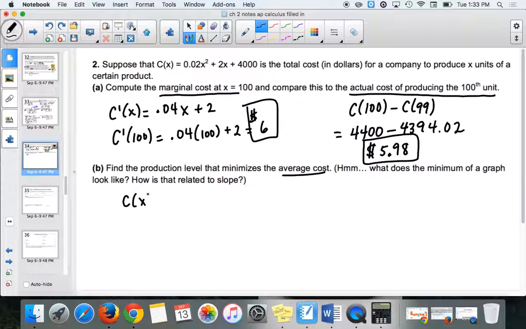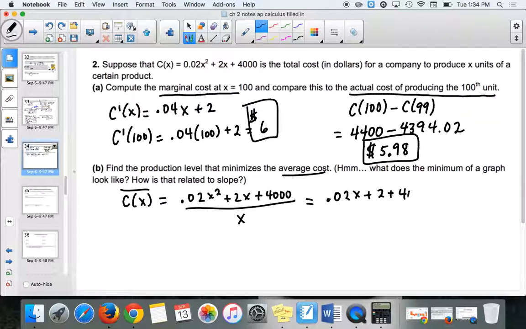So the average cost is our C bar. We're going to take our total cost and divide by x. That's what C bar was, divide by the total number. So we get 0.02x plus 2 plus 4,000 over x, which I'm going to write as 4,000x to the negative 1, because I want to take the derivative of it quickly.